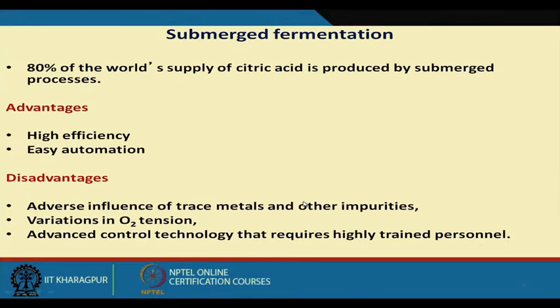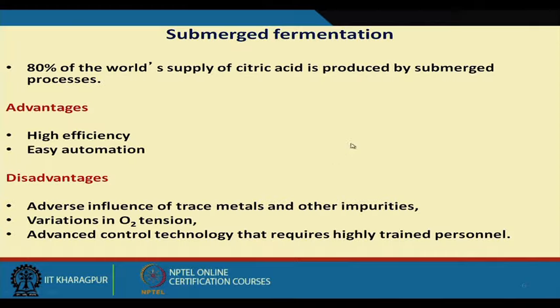Now let me give you more information on the submerged fermentation process, which is largely in operation in the industry. And I work with Citric Biochemicals. We use the submerged fermentation process for the production of citric acid. 80% of the world's supply of citric acid is produced by the submerged fermentation process. It is considered highly efficient with easy automation.